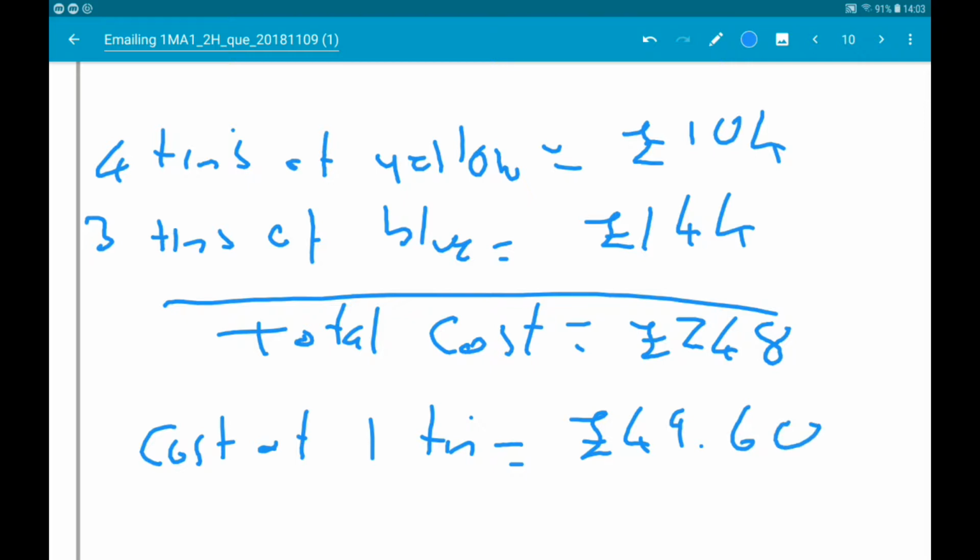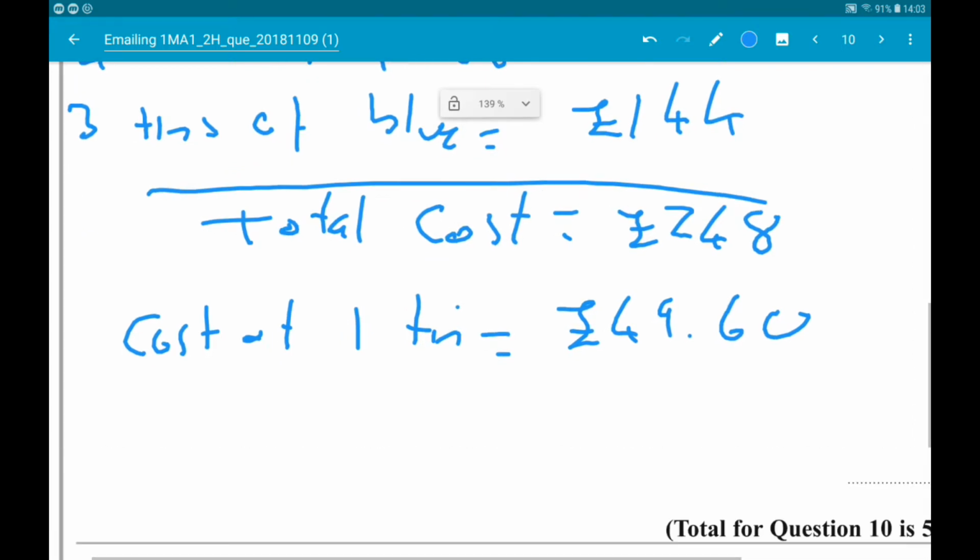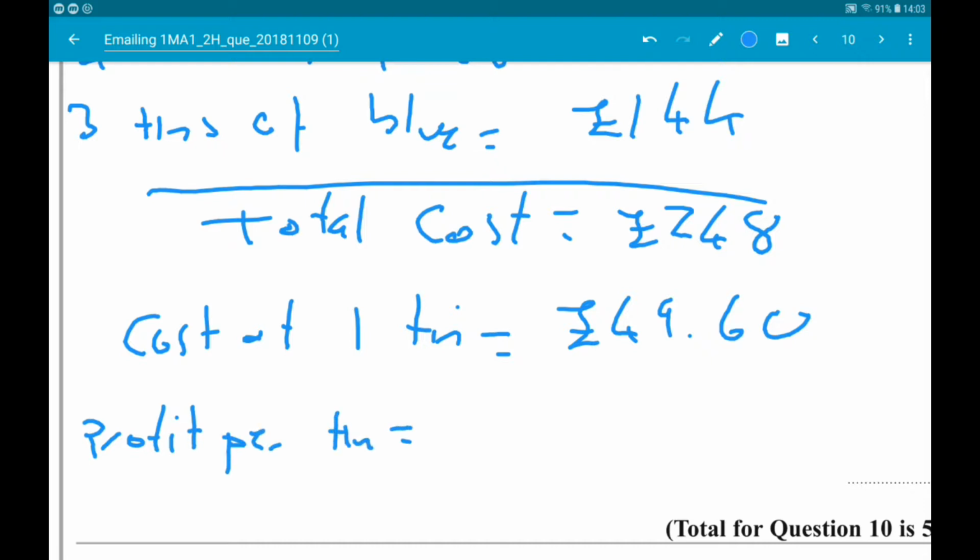Now, profit is money that you make after making back what you've had to spend. So his profit on 1 tin is £66.96 minus what 1 tin costs, so minus £49.60.